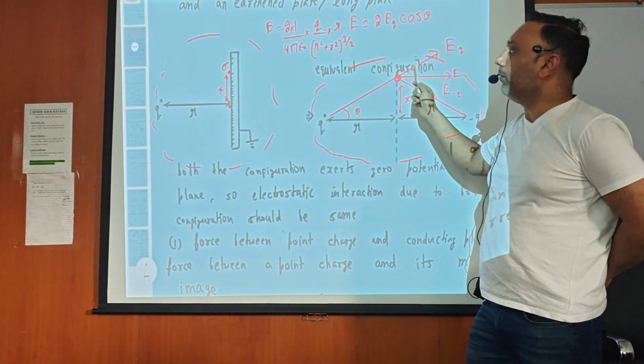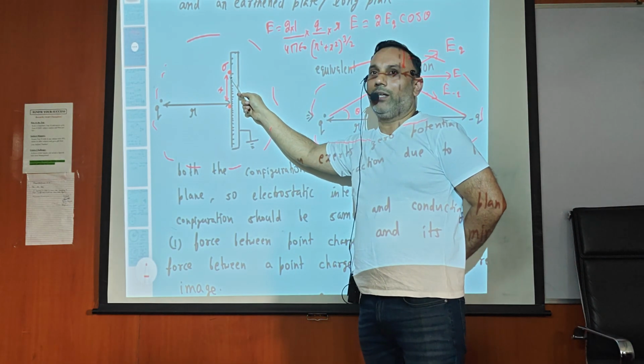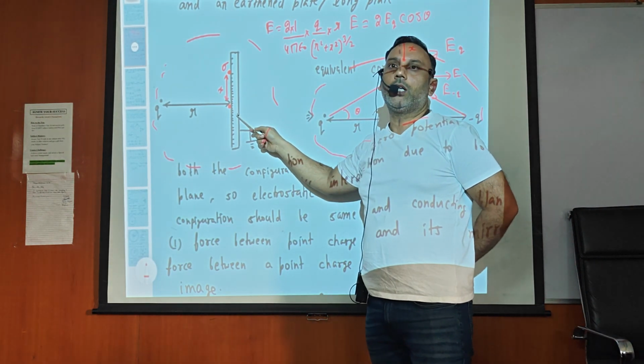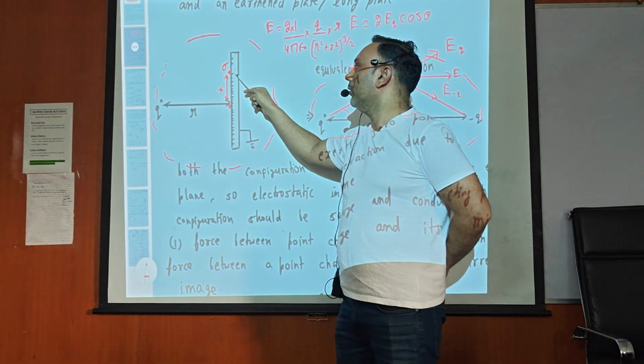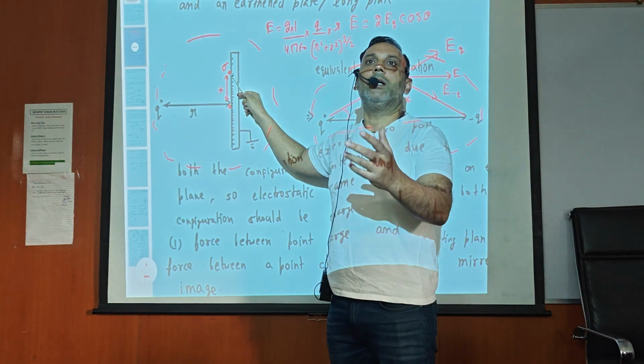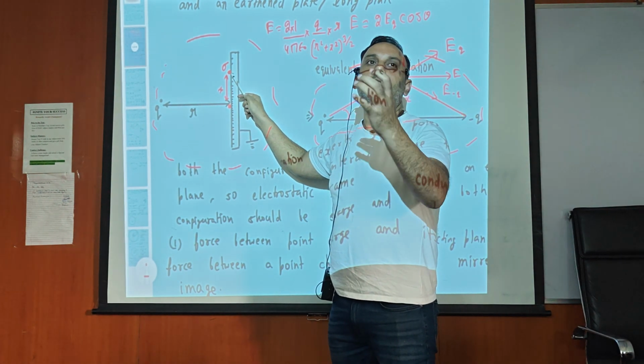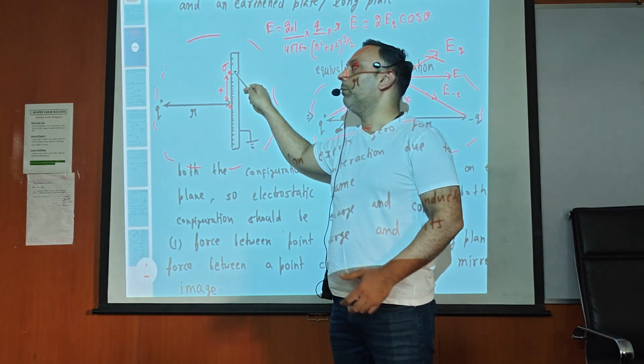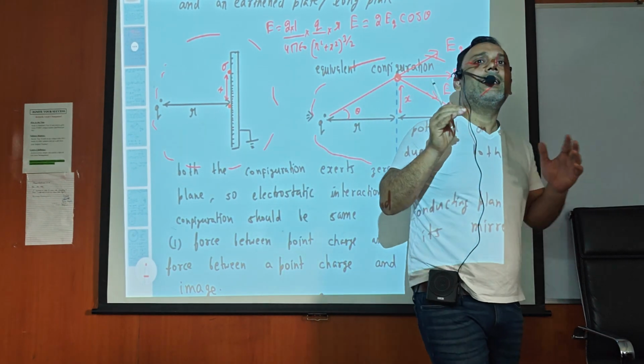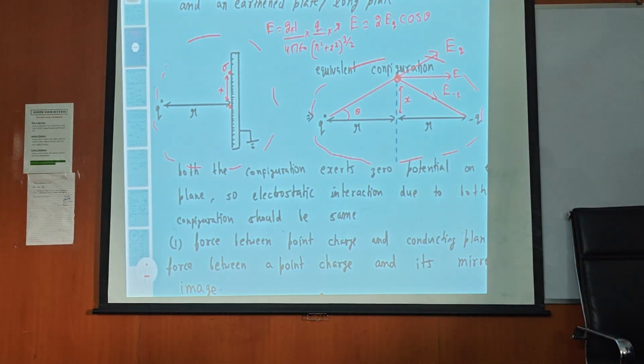Now if we have a charge density sigma here, obviously negative, then due to this charge density you should get the same expression, because once we get some charge density on a conducting plate, we get a net electric field equal to sigma by epsilon naught.